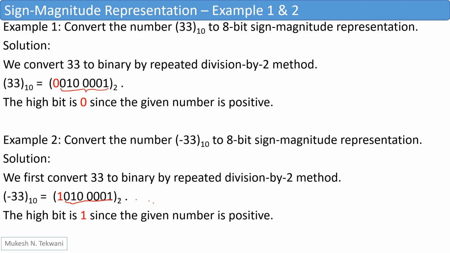So we say that the high bit is 1 since the given number is negative.